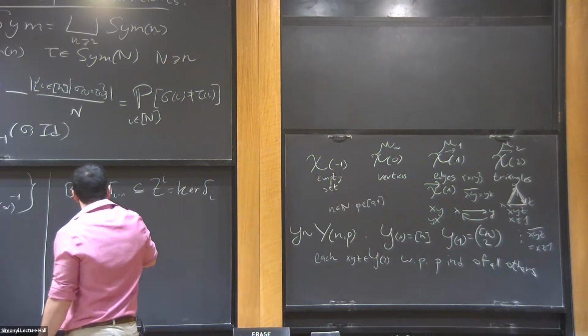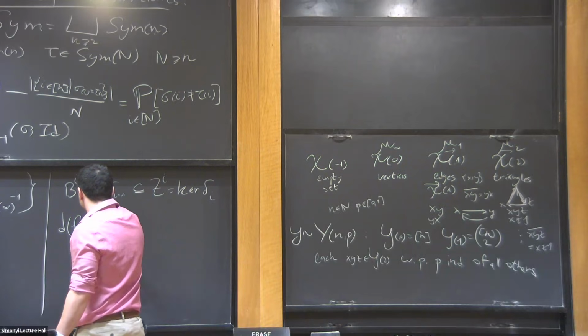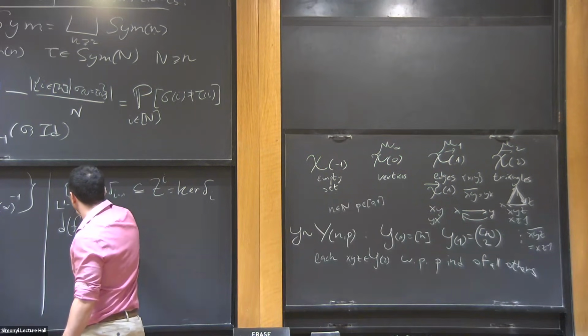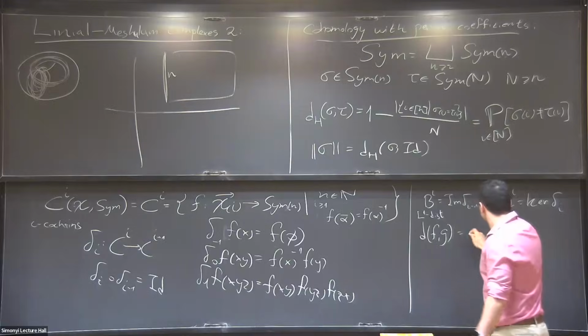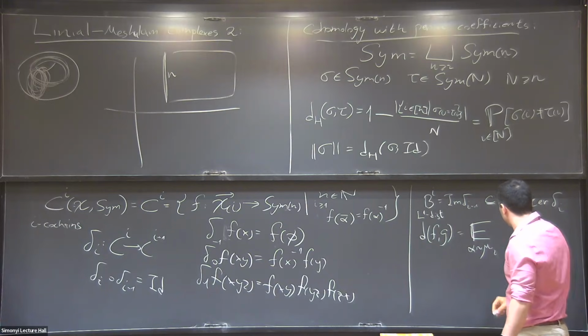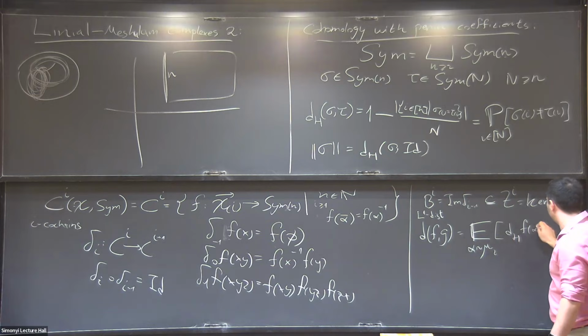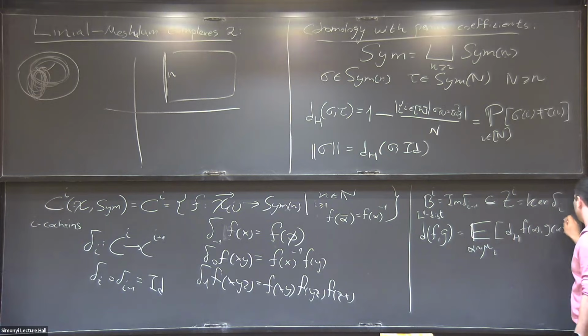And then you can define the distance between two cochains. This is just the L1 distance between them, defined to be the expectation, when you sample an oriented cell according to mu I, of the Hamming distance of f of this cell compared to g of this cell.